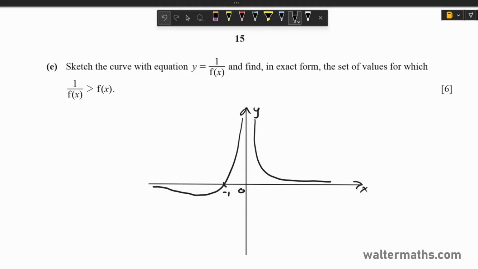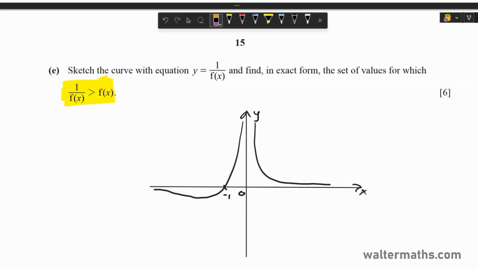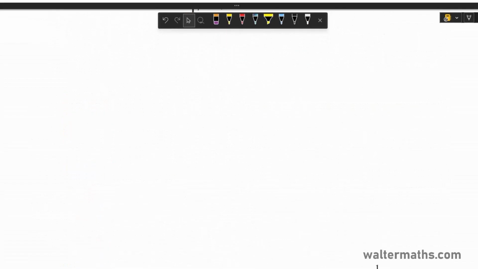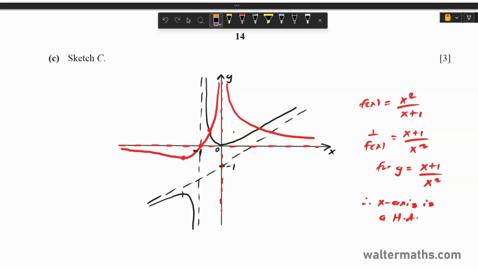Now they also say we should find in exact form the set of values for which 1 over f of x is greater than f of x. Alright, so here we are considering the fact that these two graphs intersect at y equals 1. So if I draw a horizontal, it has to pass through the points of intersection like here.